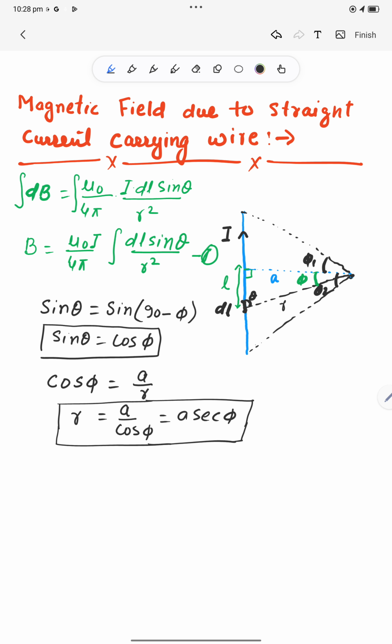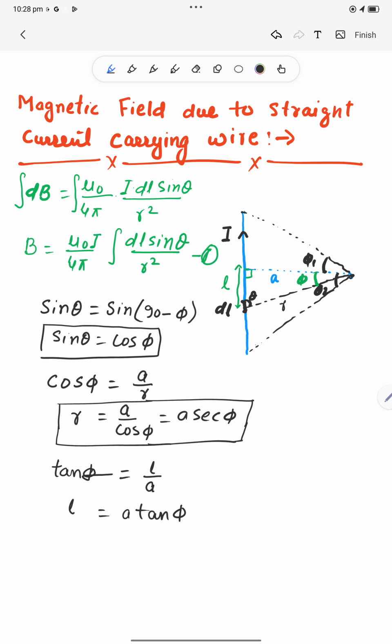The remaining term is dl. We can see this distance is l, and when we apply the formula of tan phi, tan phi is equal to l upon a, or l is equal to a tan phi.